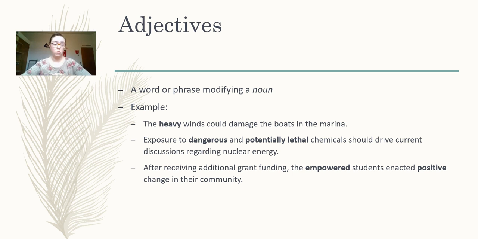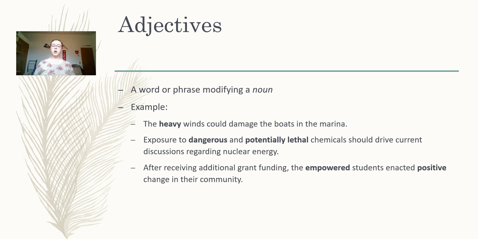Now, if we tinker around with some of these examples, imagine, let's say for the second one, exposure to dangerous and potentially lethal chemicals. Let's say we omit those entirely. So to say exposure to chemicals should drive current discussions regarding nuclear energy. So if we don't, for our readers, define what these chemicals are or how we should understand them in the context of our argument, chemicals can be seen as a more vague noun, because chemicals can be positive, negative, and heck, they can even be benign.